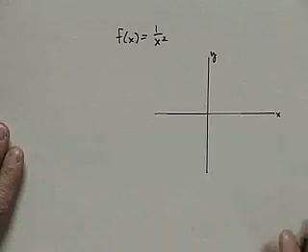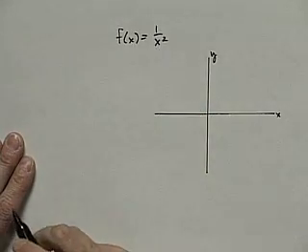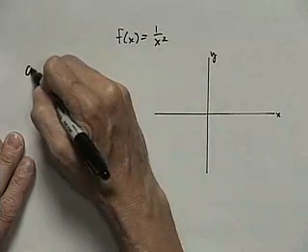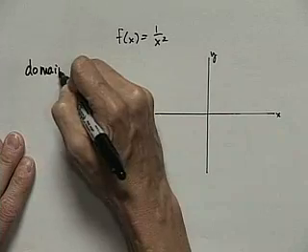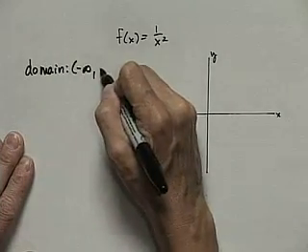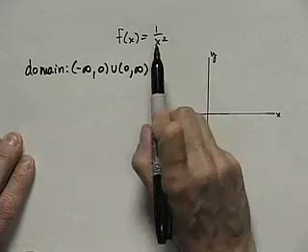Let's look at the function 1 over x squared. This function has some similarities to the reciprocal function that we worked with. Since the denominator is x squared, we see that the domain is all real numbers excluding 0, so the interval negative infinity to 0, union 0 to positive infinity.